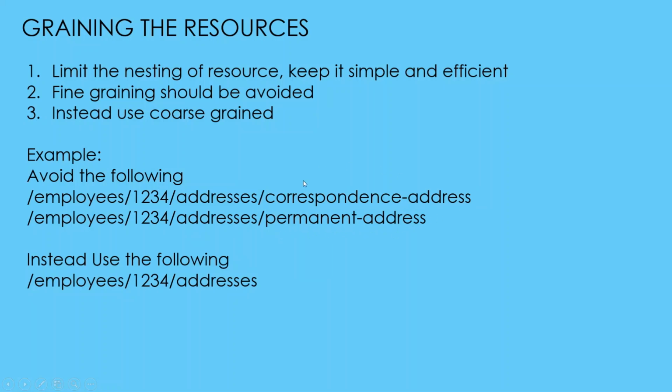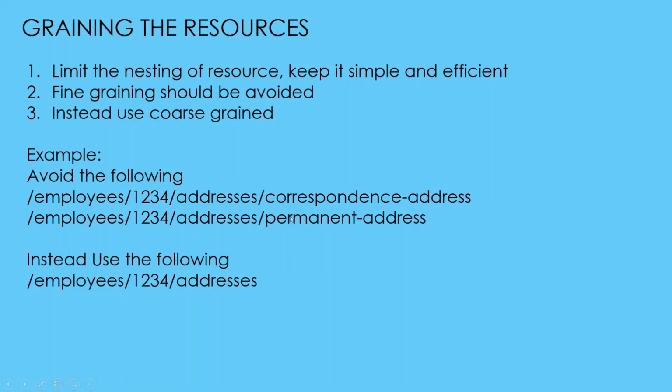So instead of this, what we can do is we can just pass address and return both the addresses. So retrieving all the data in a single call will be much more efficient than making two different calls. And then one can decide if he has to go with the correspondence address or permanent address.